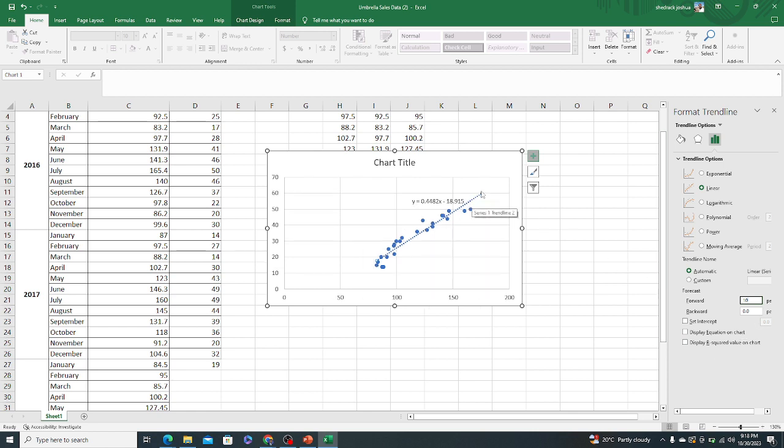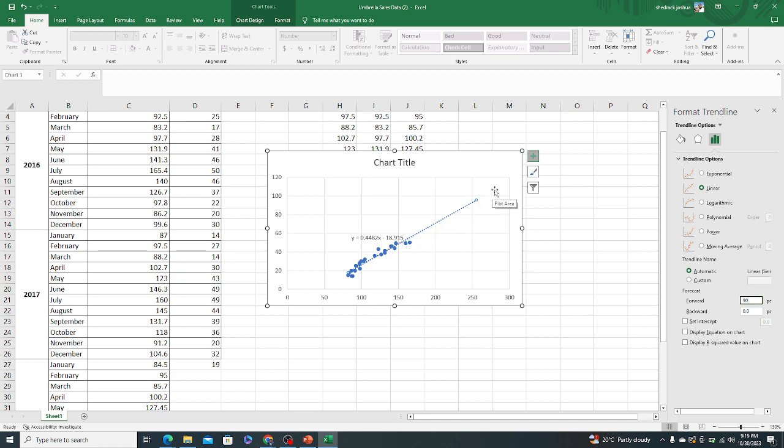You can see it is extrapolating the regression line. If maybe we do it by, let's say, 90%, you can see how the model maybe will look like.